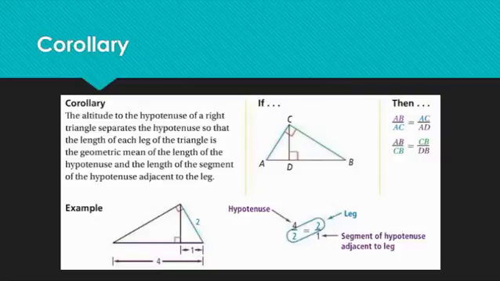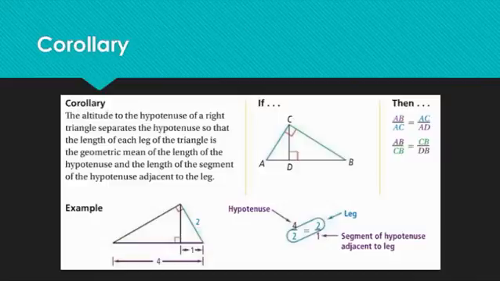And my next corollary is that the altitude to the hypotenuse of a right triangle separates the hypotenuse so that the length of each leg of the triangle is the geometric mean of the length of the hypotenuse and the length of the segment of the hypotenuse adjacent to the leg.